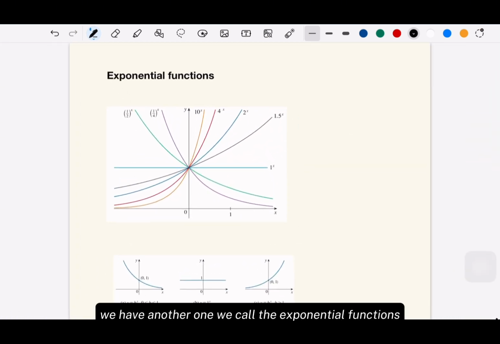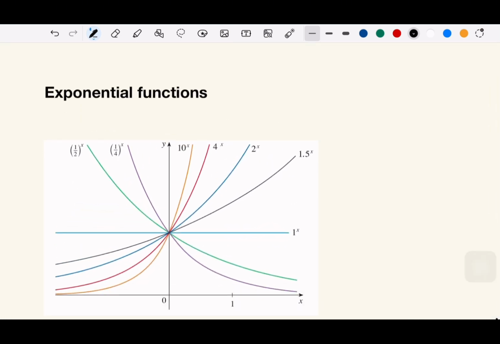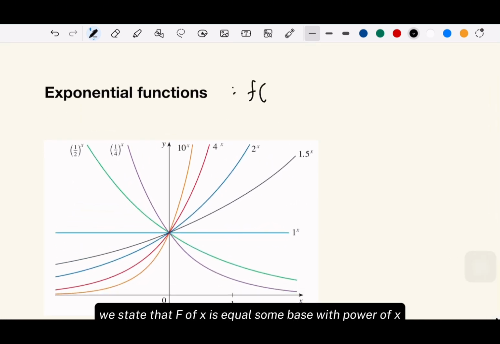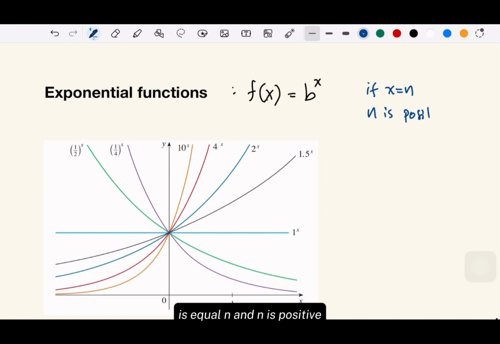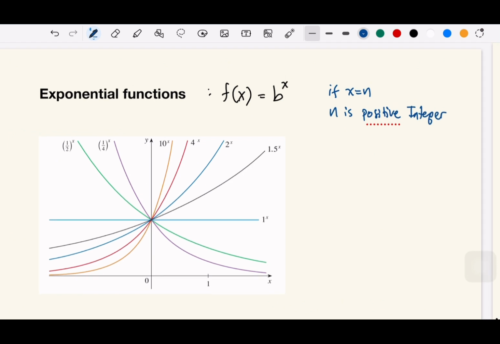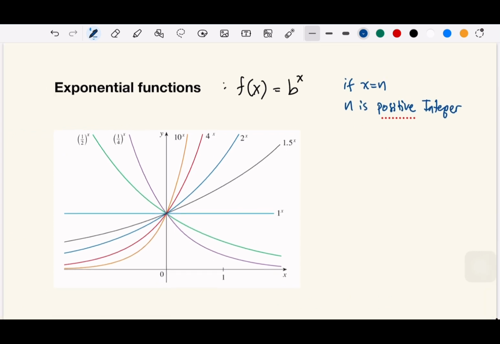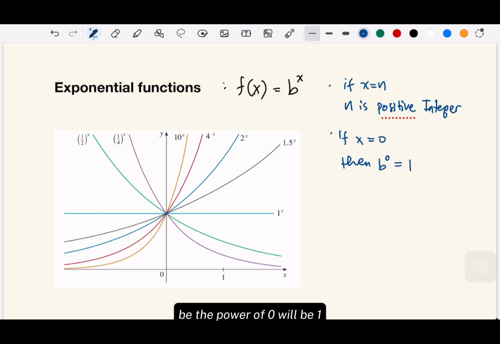Now we have another one we call the exponential functions. For exponential functions, we state that f of x is equal to some base b with power of x. If x is equal to n and n is a positive integer, and if x equals 0, then b with power of 0 will be 1.